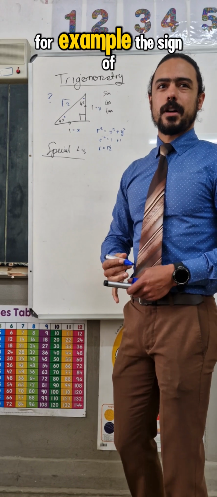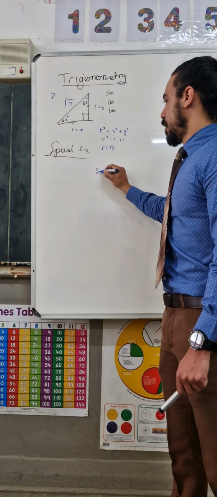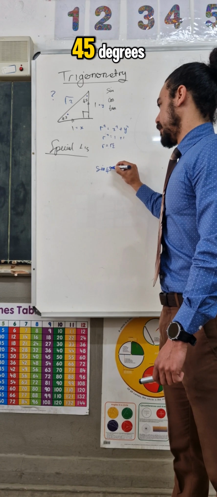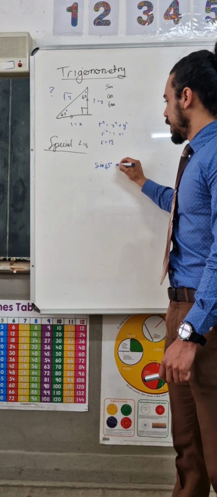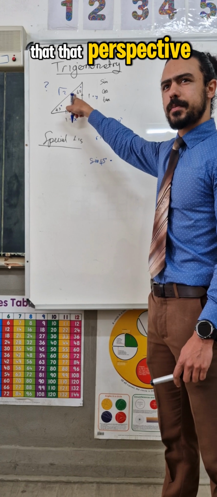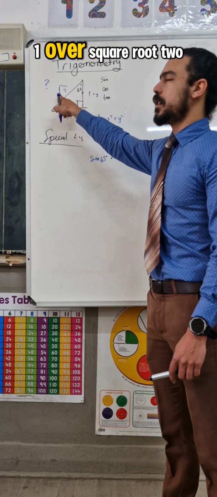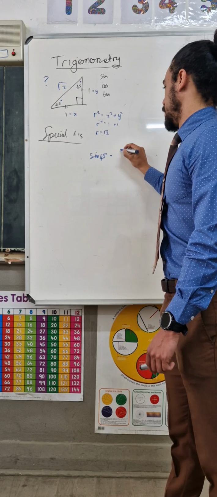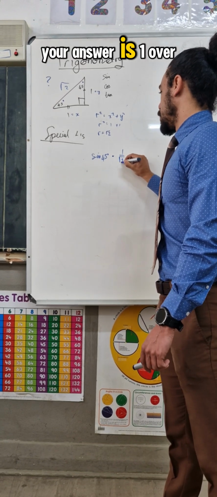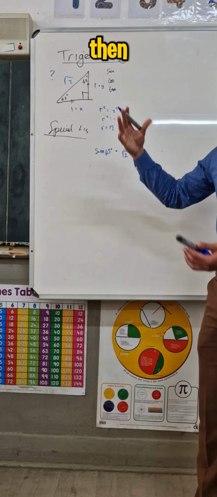Now if I ask you, for example, the sine of 45 degrees, I'm standing from this perspective, and I'm going to say the sine is 1 over square root 2. So your answer is 1 over square root 2. We normally ask you to do this without the calculator, so you would have to have a sketch.